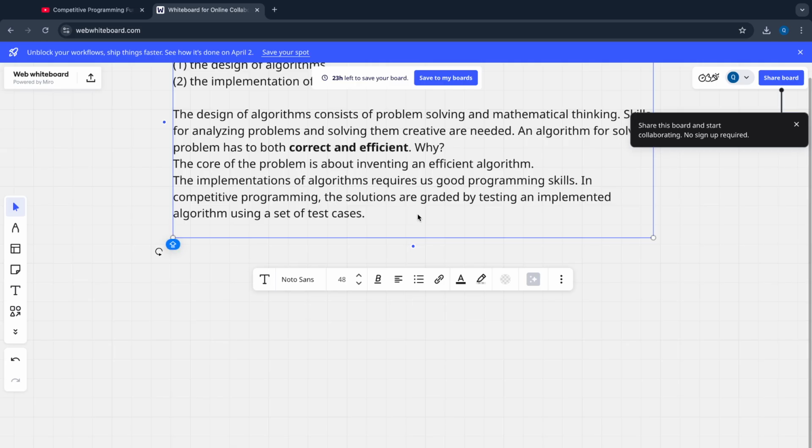So another thing is to adopt a good coding style. What is a good coding style? Well, it should be straightforward and concise in order to manage your amount of time during the contest.